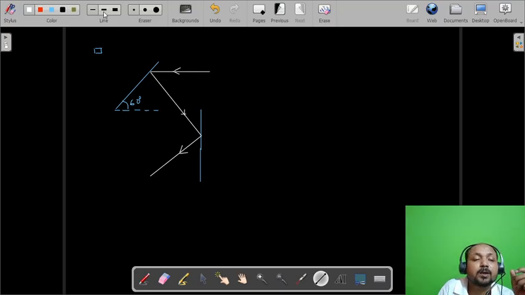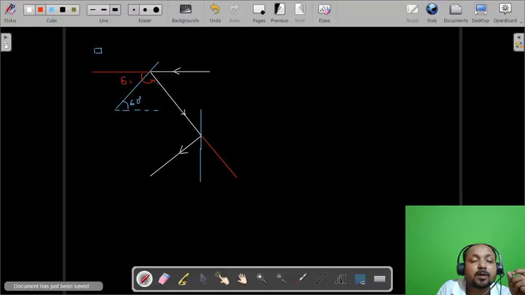Now extending the incident ray and the reflected ray, see, this will be your first deviation angle which is in anti-clockwise sense, and this is your second deviation angle which is in clockwise sense.